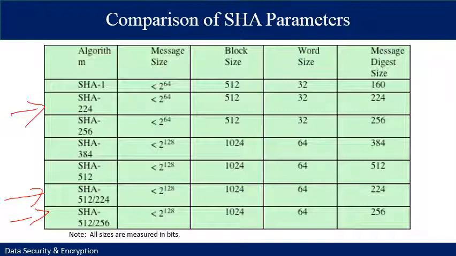However, shortly after, a research team described an attack in which two separate messages could be found that delivered the same SHA-1 hash using 2 raised to the power 69 operations, fewer than the 2 raised to the power 80 operations previously thought necessary to find a collision with SHA-1. This result should hasten the transition to SHA-2.